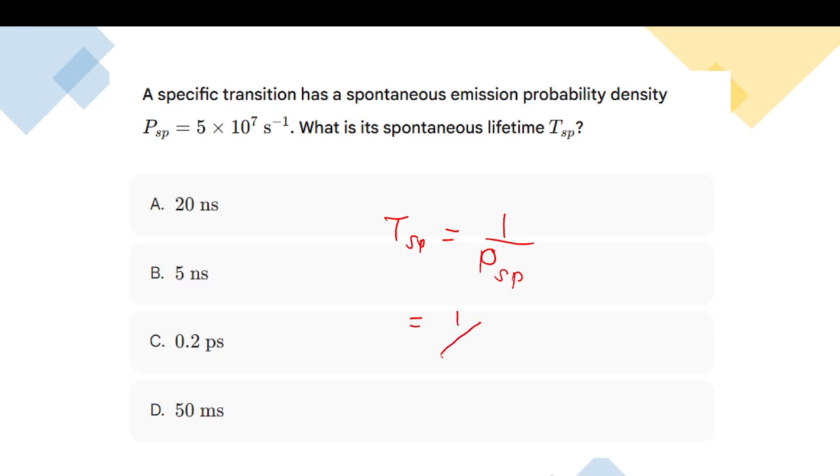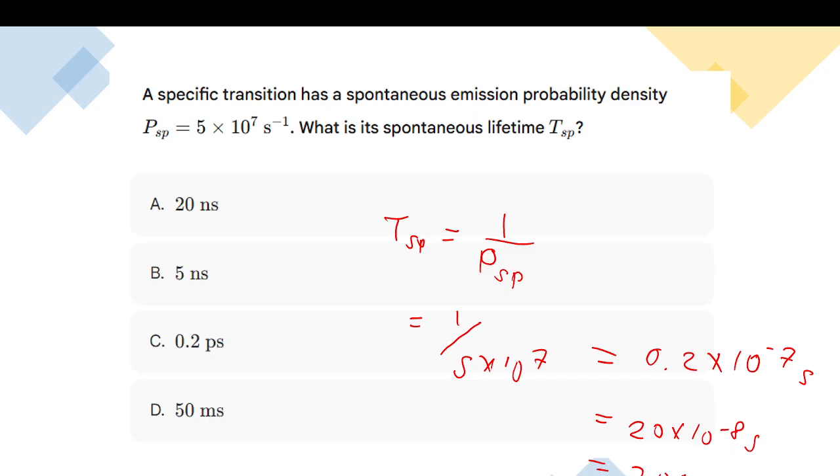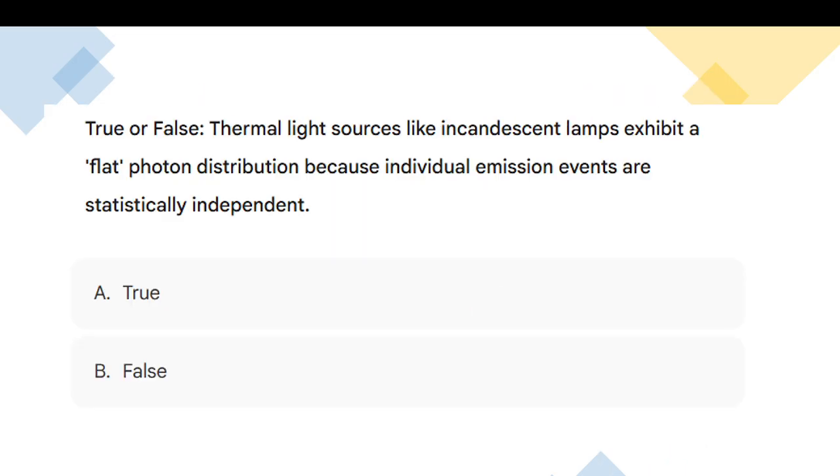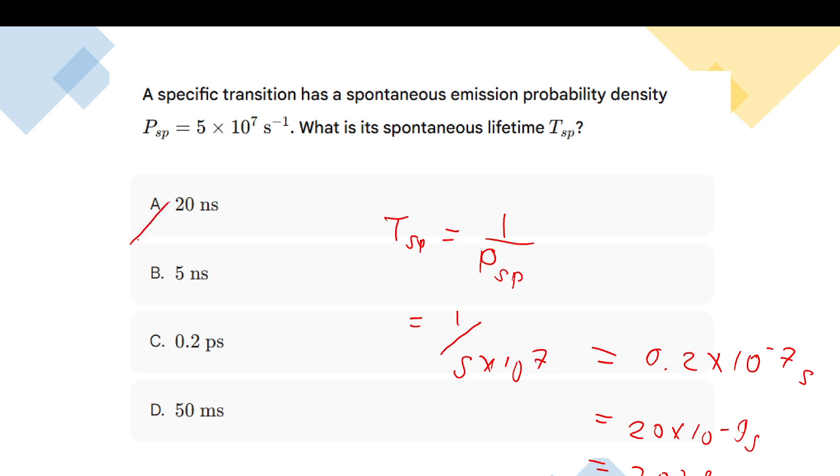So it will be 1 divided by 5 into 10 to the power 7, which means 0.2 into 10 to the power minus 7 seconds, which means 20 into 10 to the power minus 8 seconds, which means 20 nanoseconds. So 20 nanoseconds is the correct answer.